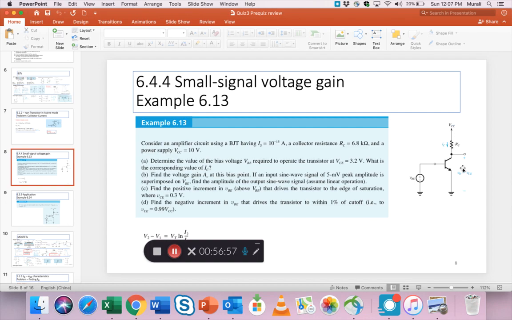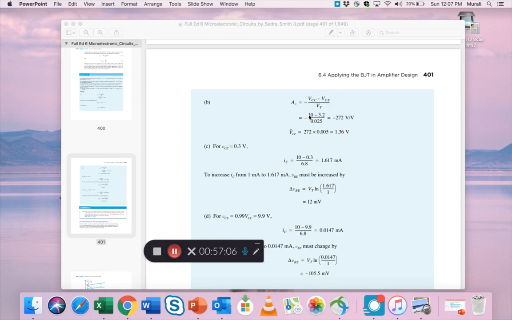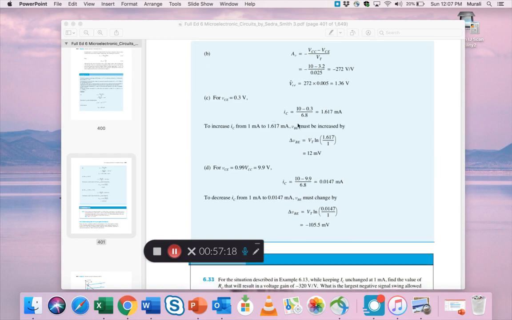So this minus this gives you the output voltage. Divide that by Vt, and you should get the gain as one of the formulas to use. Then if you know that the input signal is 5 millivolts, how do you get the corresponding output signal? You multiply by the gain. So that's one thing he does.